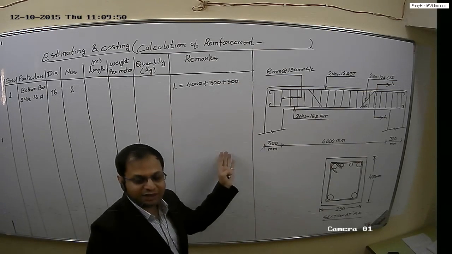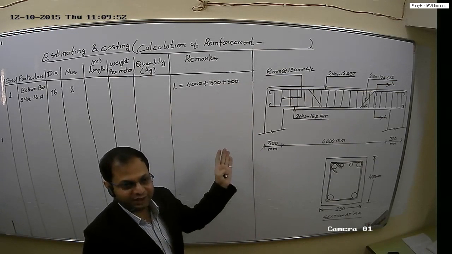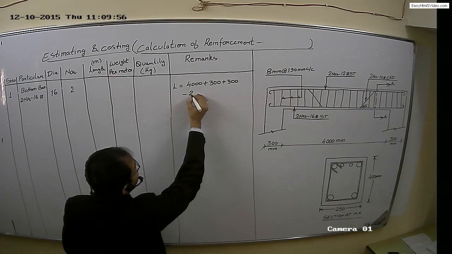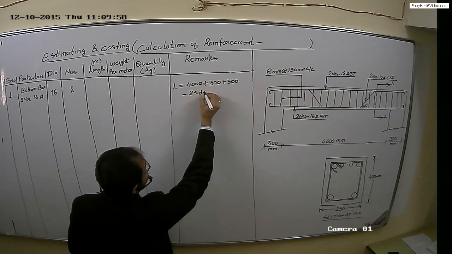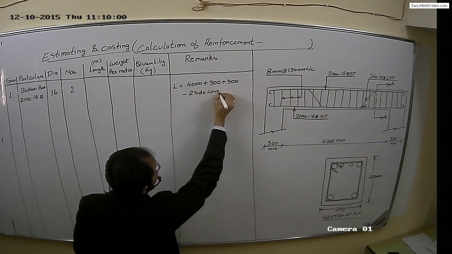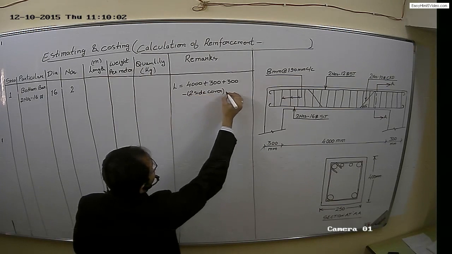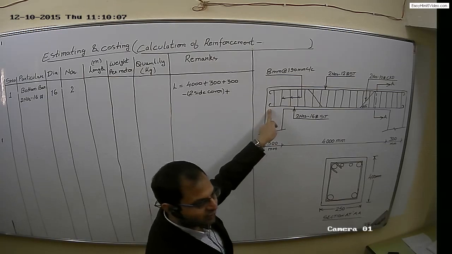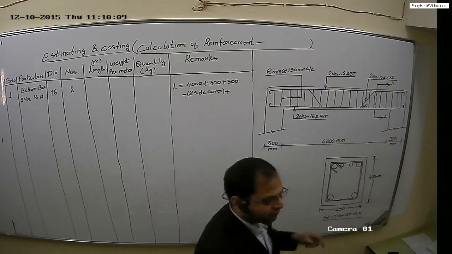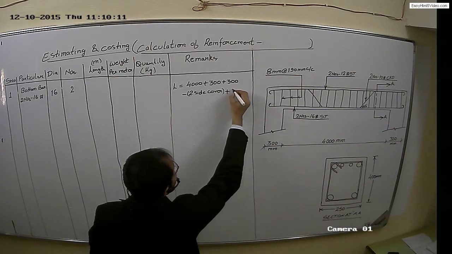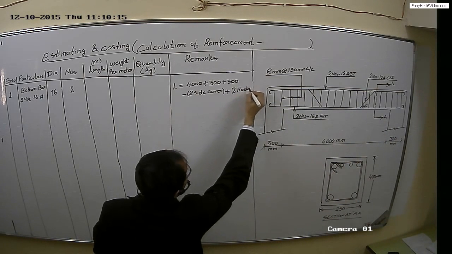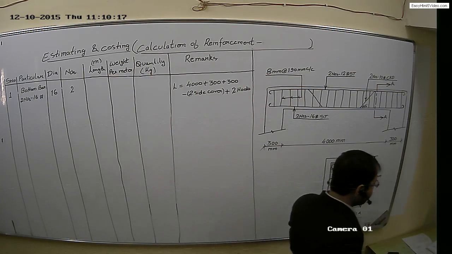We are assuming the cover of beam to be 25 mm. So minus 2 side covers and plus 2 hooks. One hook to the left of the beam and one hook to the right of the beam. So plus 2 hooks. Okay.